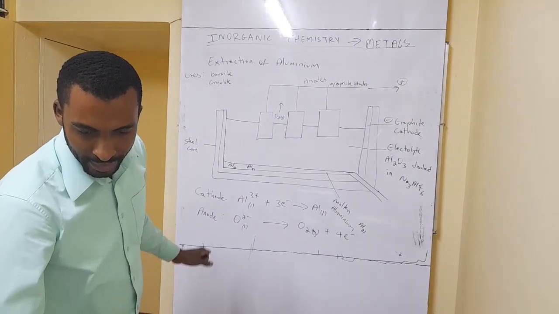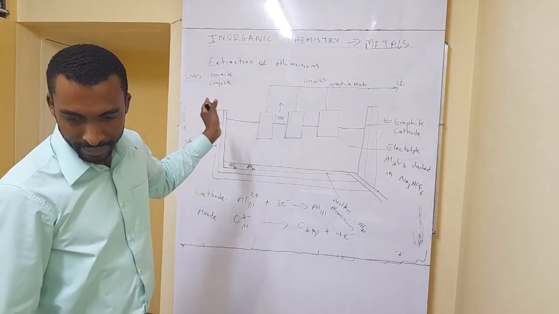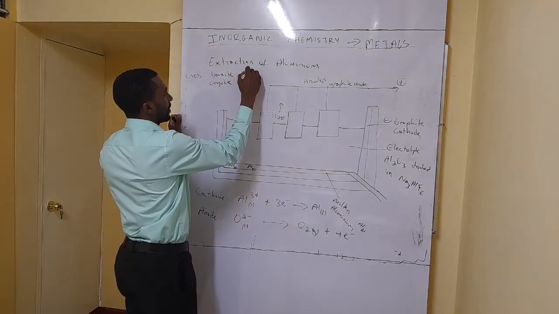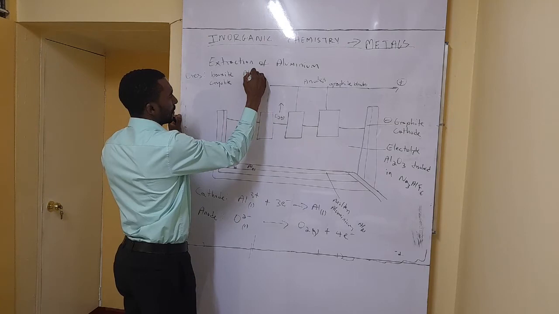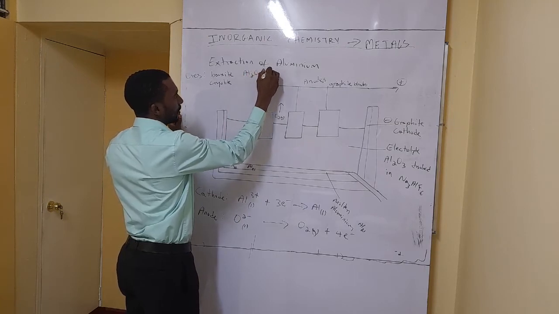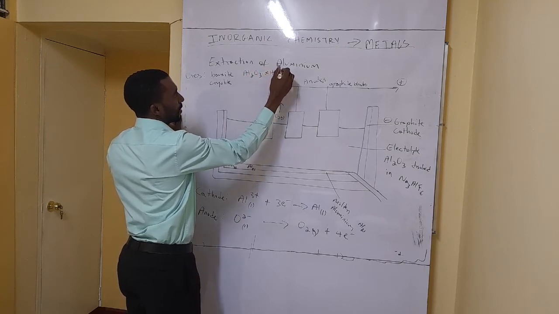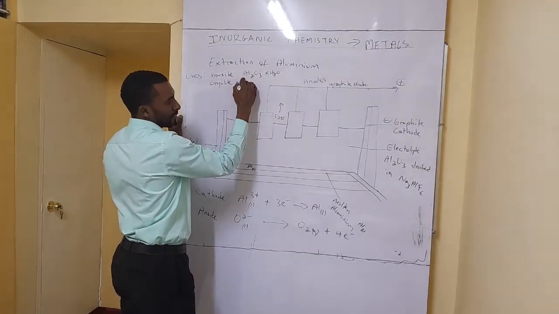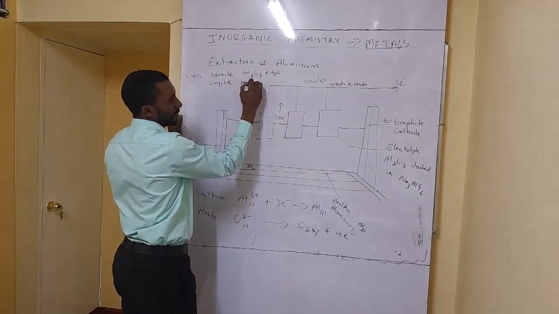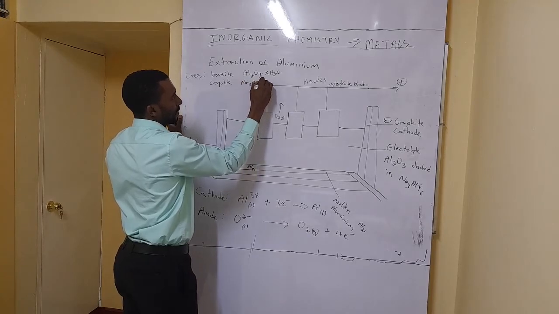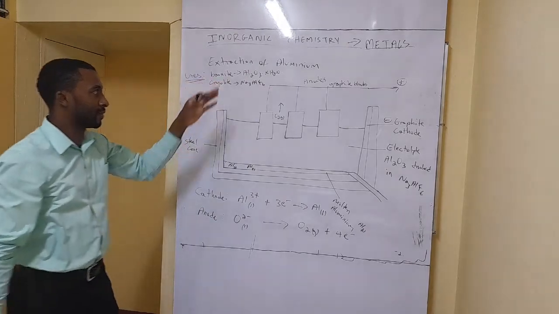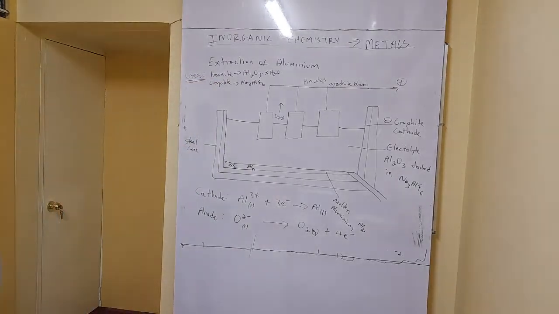Alright, so the bauxite, as I said before, it is Al2O3 times water, so it's impure aluminum oxide, and the cryolite is the Na3AlF6. So those are some that you have to know about the extraction of aluminum.